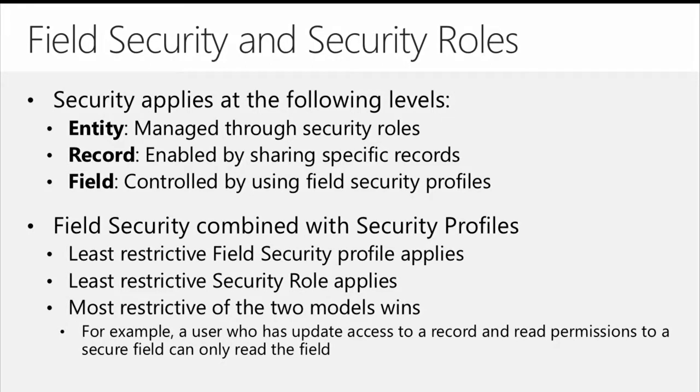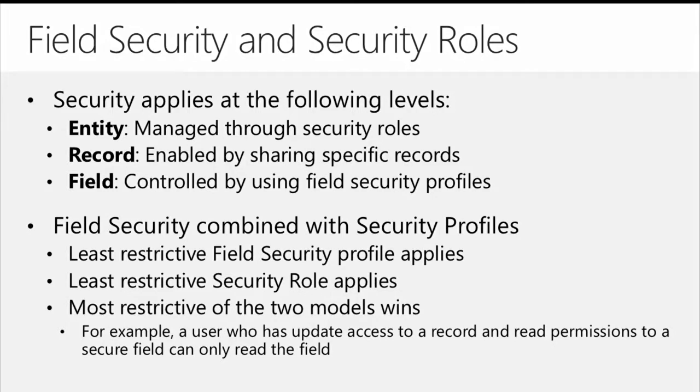If you've taken the configuration course and understand how security roles work, a user can have one or more security roles associated with their account. If one of them doesn't give them the ability to edit an account, but one does, whatever gives them the most access is what they're granted. It's the same thing with security profiles from a field security standpoint. If I have read access on one field security profile, but I don't have it on another, that is going to give me read access.